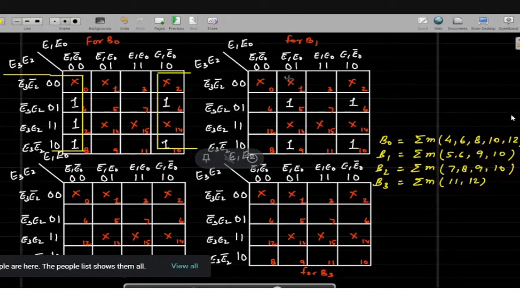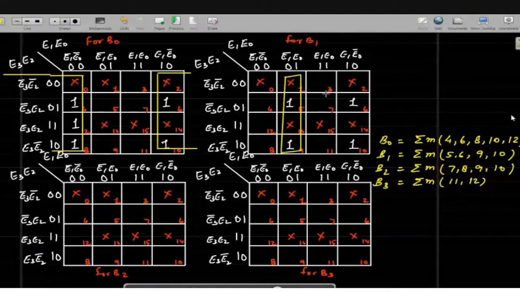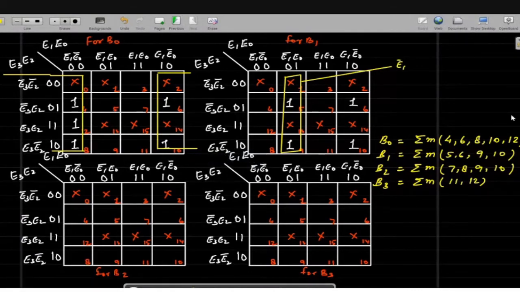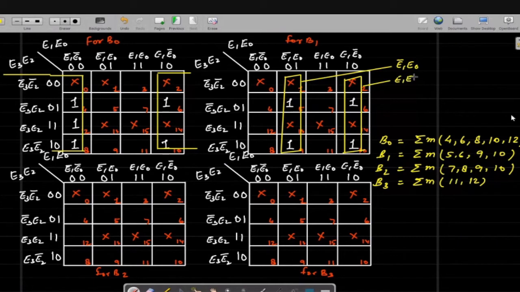There are 2 possible quads you can observe here, out of which one is this, and when you solve it, it will give you a term, which is E1 bar E0. And another quad is this, and when you solve it, you will get another term, which is E1 E0 bar.